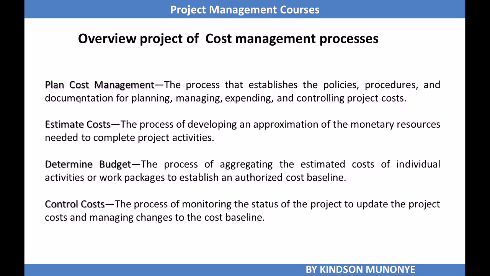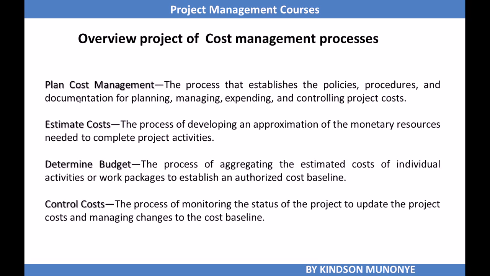The first one is plan cost management, and this process establishes the policies, procedures, and documentation for planning, managing, expending, and controlling of project costs. The next one is estimate costs.